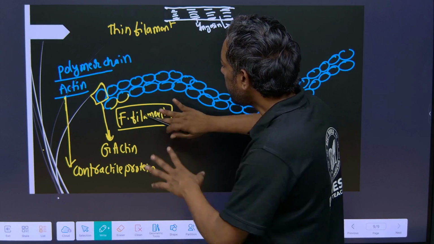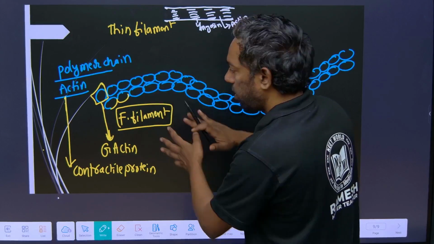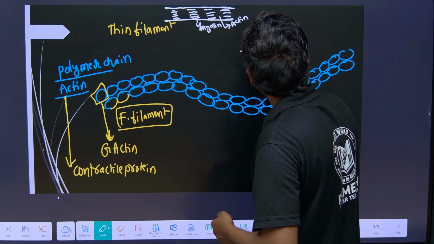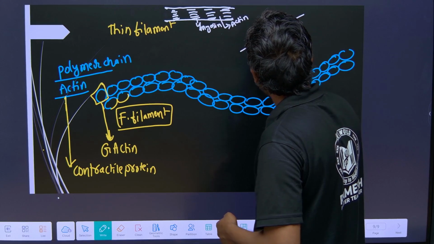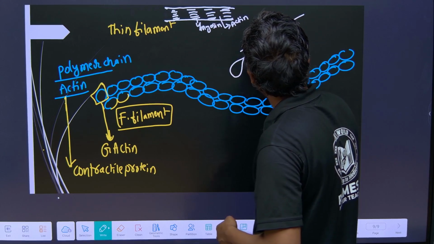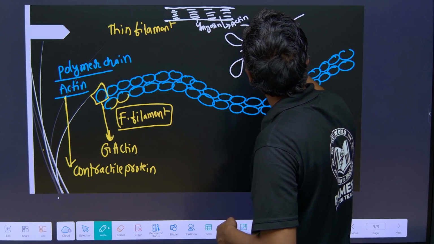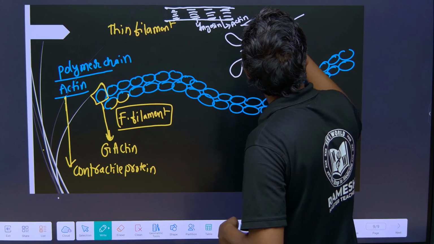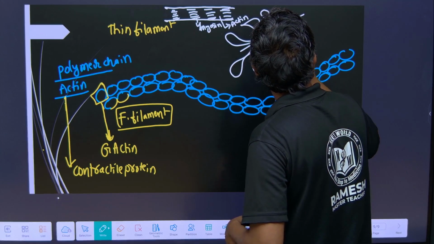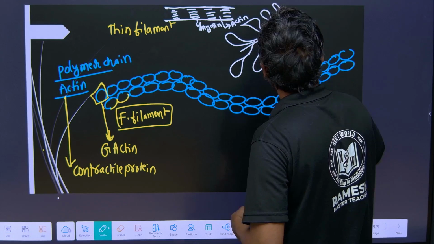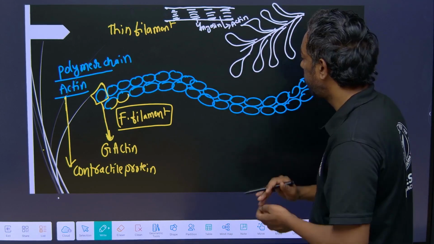This is a contractile protein, and this is also a contractile protein: myosin. So how can they attach to each other?